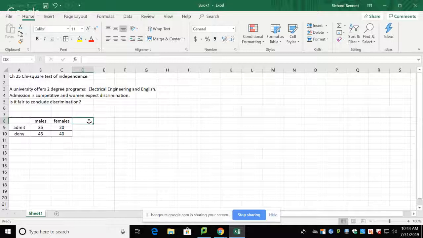Make a graph. Make a graph of what? Of the male and female admittance. Okay, now, that's not a bad idea. However, you just broke one of my rules that we learned clear back in chapter 1 or something, whenever we did graphing.